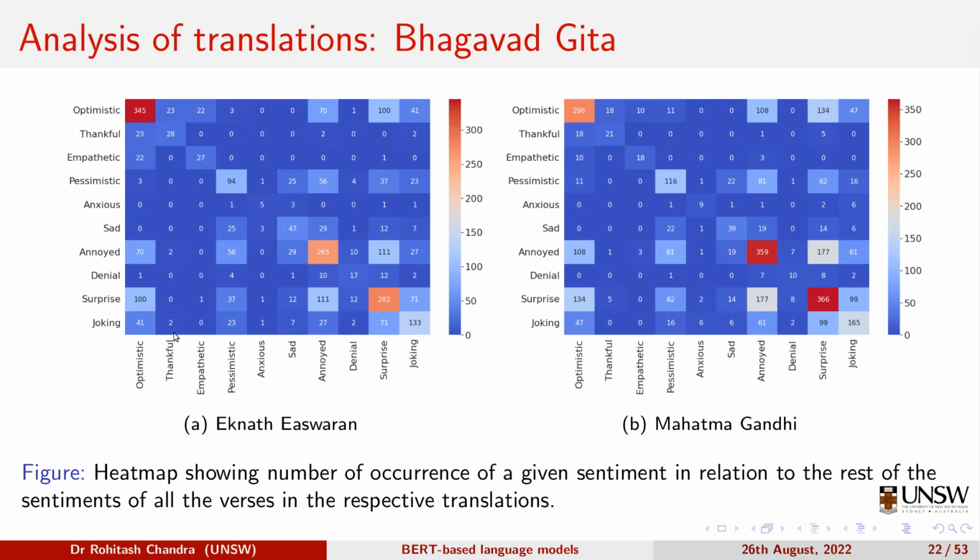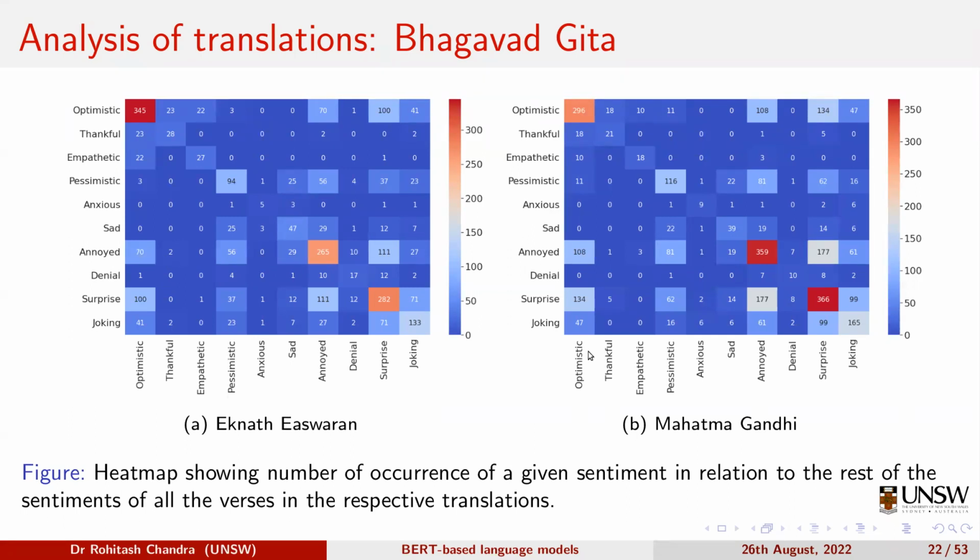So we see that optimistic and thankful, and optimistic and joking, are two of the major sentiments expressed in Eknath Easwaran's version, whereas the other two major ones are surprised and annoyed.